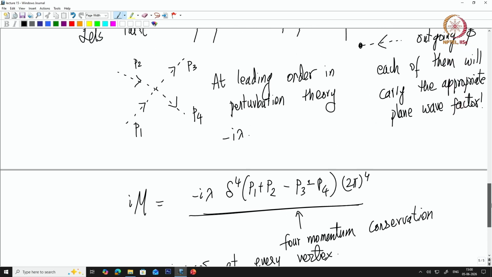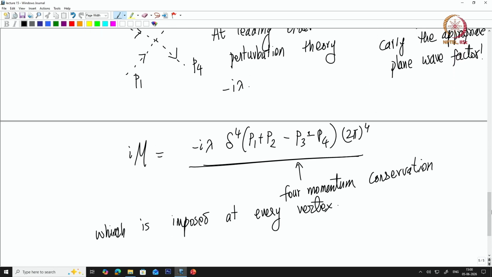So the simplest process you have seen, you have calculated the amplitude already. The amplitude is nothing but lambda, because it is only one interaction. In this case you have this particular momentum conservation, because the momentum is conserved at every vertex, since you have energy momentum conservation, or 4 momentum conservation, and it should happen at every vertex.